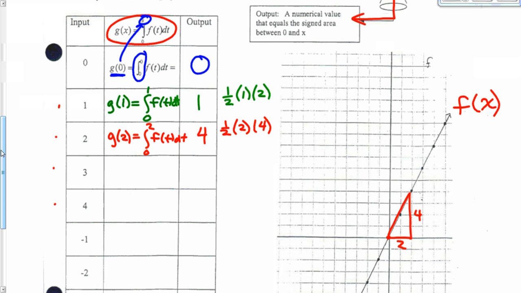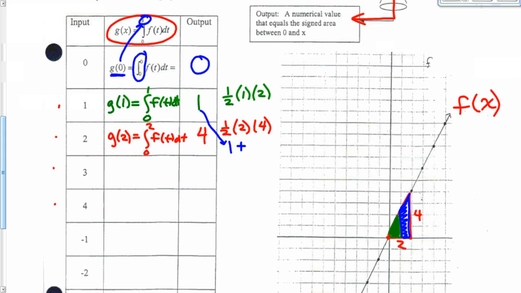Now, I'd like to look at this a different way because I had already calculated the area from 0 to 1. I had already calculated this green area here when I found g of 1. So actually, all I needed to do was take the 1 and add the area of this trapezoidal region that I have highlighted in blue.